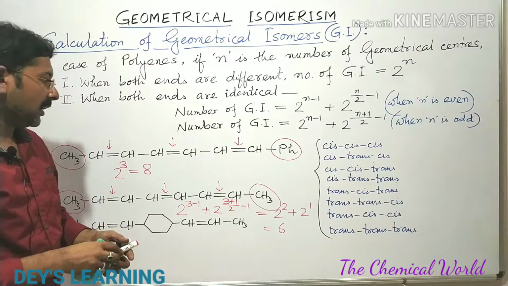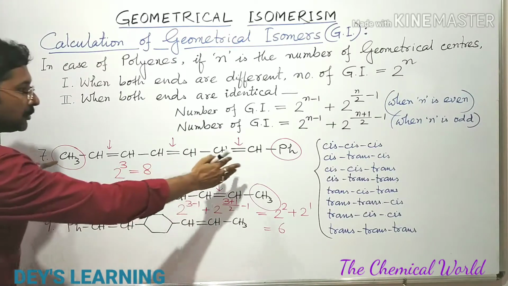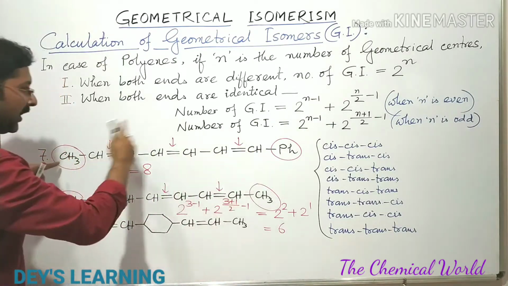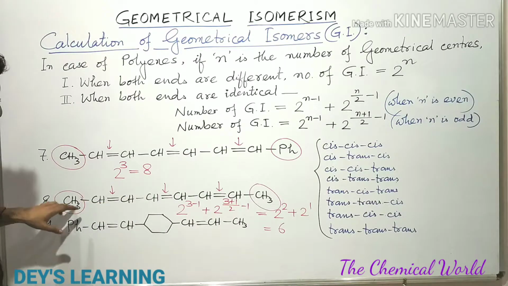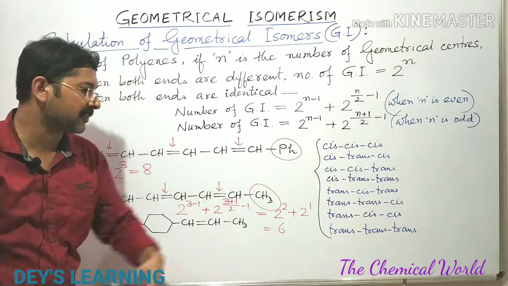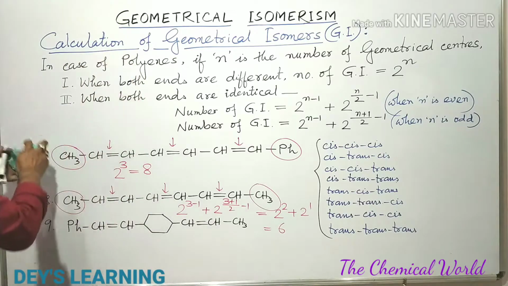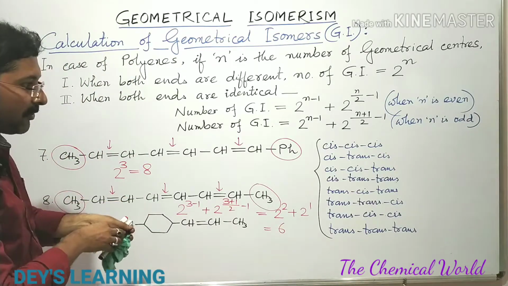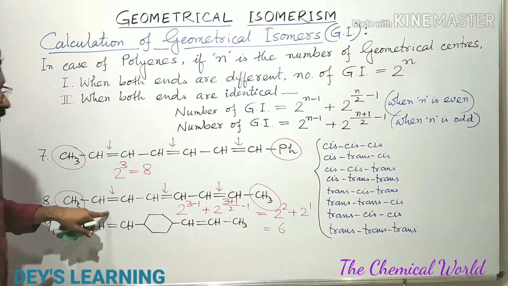Let's take some conclusion from here. If the two ends of the geometrical centers are different, then it will have 8 isomers, and when the two ends are identical, then it will have 6 isomers. What happens actually? These two isomers become identical in case of compound 8.